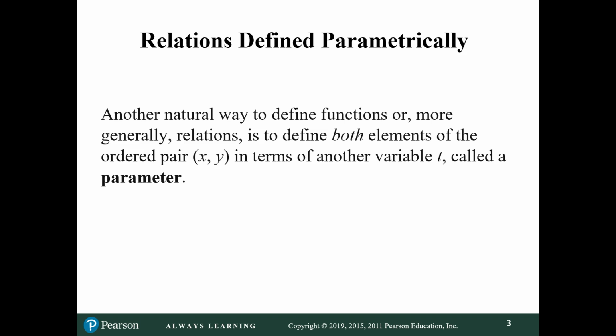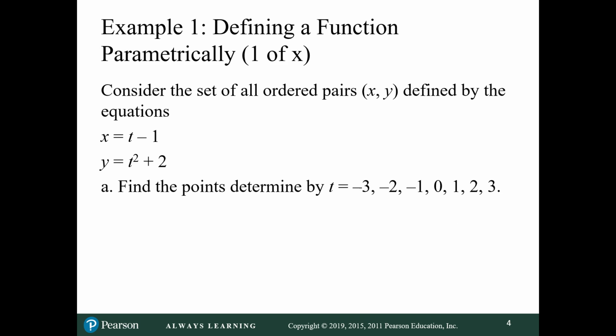Okay, another way to define functions is to define both elements of an ordered pair in terms of each other using a variable t called a parameter. So you have x equals t minus 1, y equals t squared plus 2.